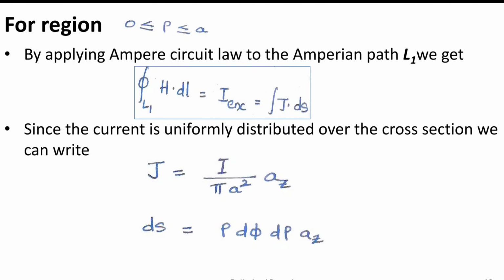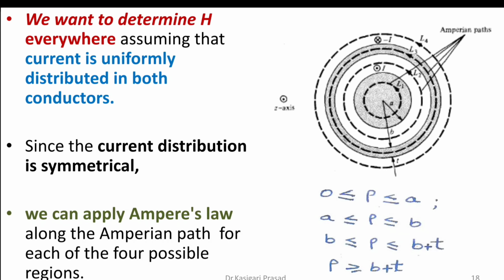So for the first region, for radius 0 less than or equal to rho, where rho is the distance at which we are going to find the magnetic field, rho less than or equal to a, first category. For each category we will plot their respective Amperian paths.